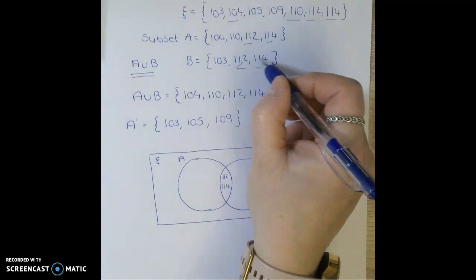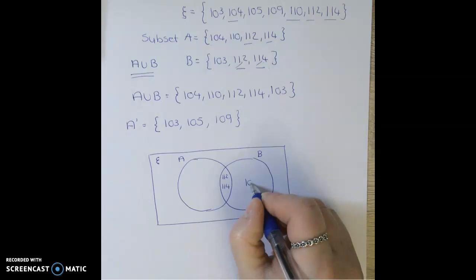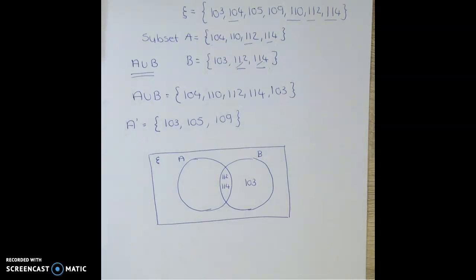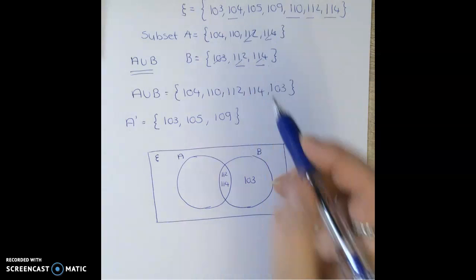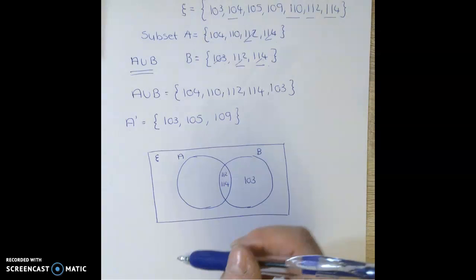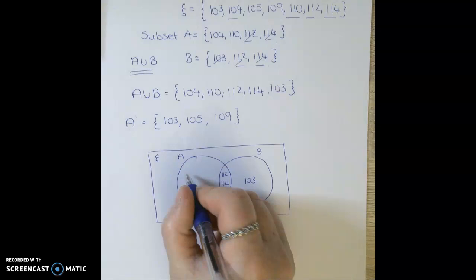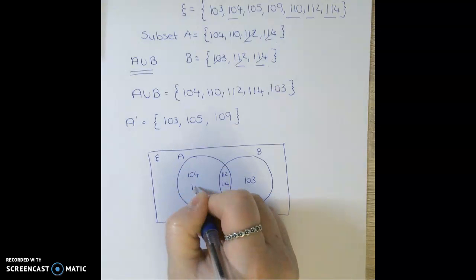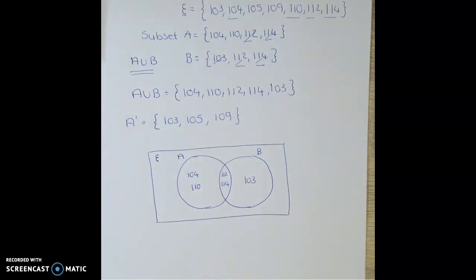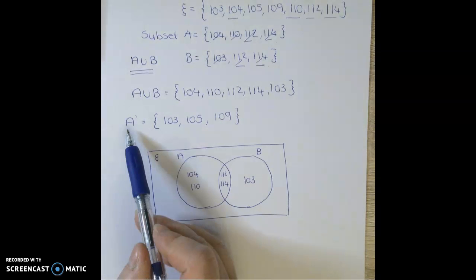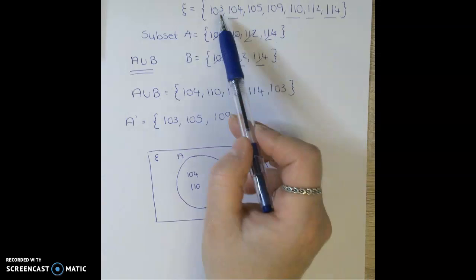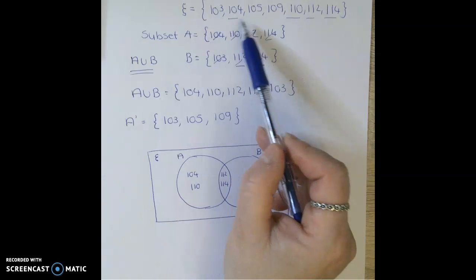So we've taken out the 112 and the 114, so we have 103 left to go on the B side. And then with the 112 and the 114 in the middle, we have left 104 and 110 to go on the A side as part of the A set. And then what we have left is what's left in the universal set.